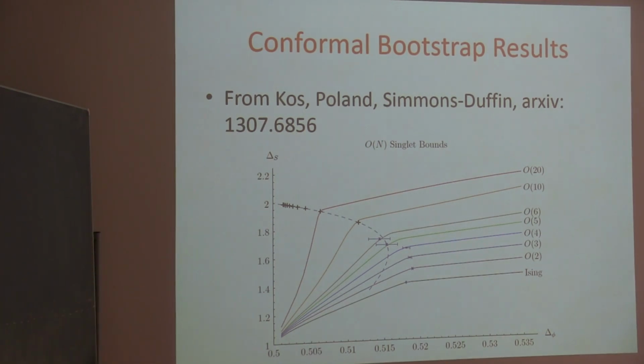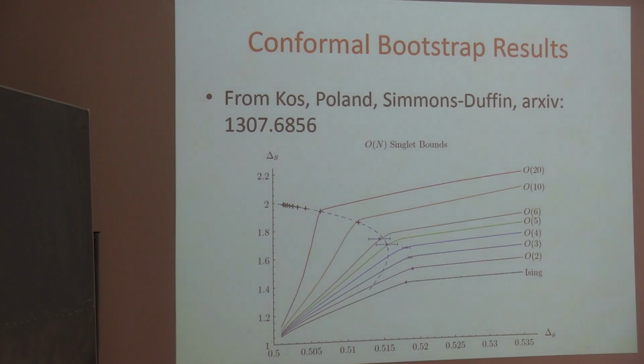And why do you have curves from the bootstrap? Oh, the bootstrap is like an exclusion curve in the parameter space. And what they noticed early on is that this exclusion curve has a kink at a special value, which is very close to the known operator dimension.